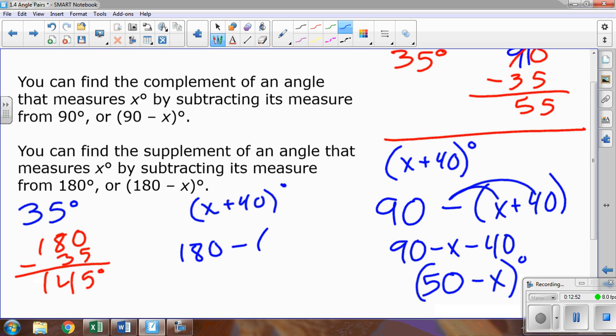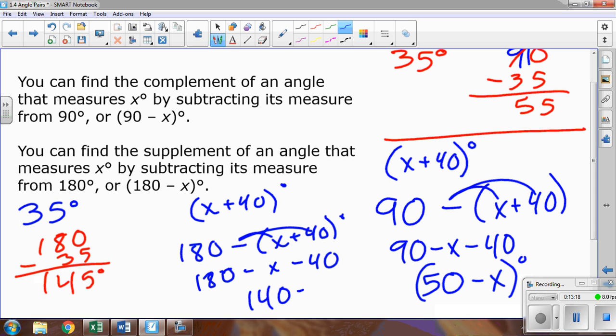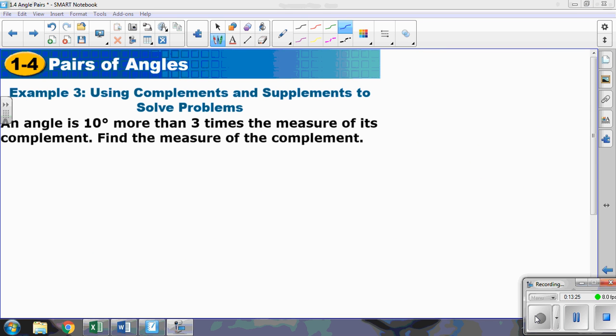So 180 minus that x plus 40, exactly like we were doing before, we need to subtract across the parentheses, subtract x, subtract 40, and then we can combine the numbers. 180 subtract 40 is 140. And we have our supplementary angle.